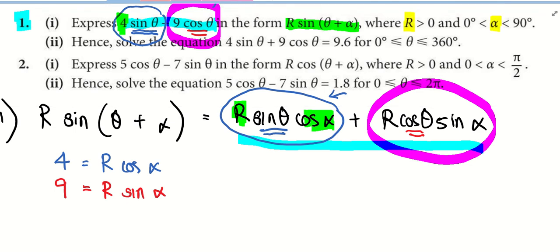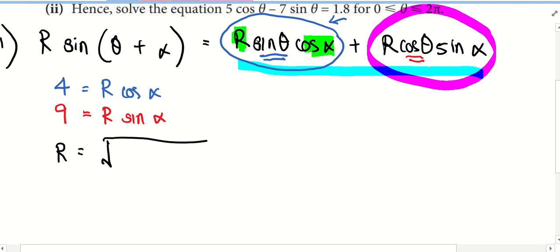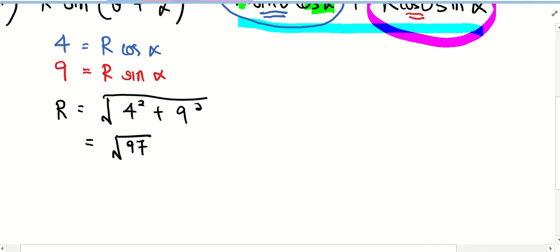Okay, like I say, our job is to find R. As explained to you, I just need to do the shortcut method. How to find R? Square root of the two numbers, square them and sum them up together. 16 plus 81, what is it? 97. Do you think you should give me this answer?